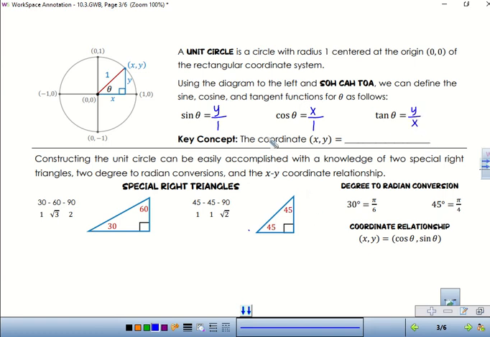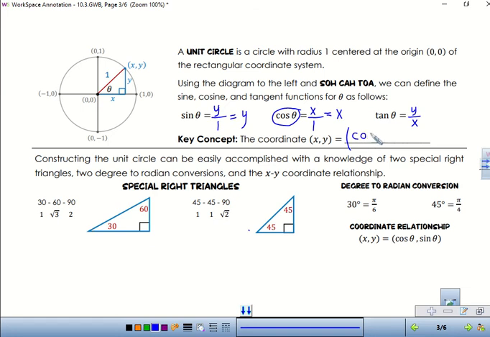Now, we can simplify this down, right? So y over 1 is just what? And x over 1 is just? Good. So with that information, we know that a normal coordinate is x comma y, right? But now we see that x is actually equal to what? Is equal to cosine, isn't it? See how cosine is x, x is cosine?